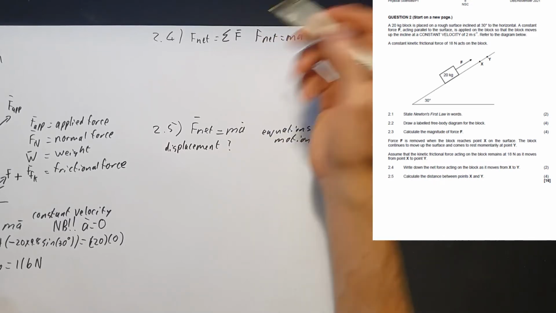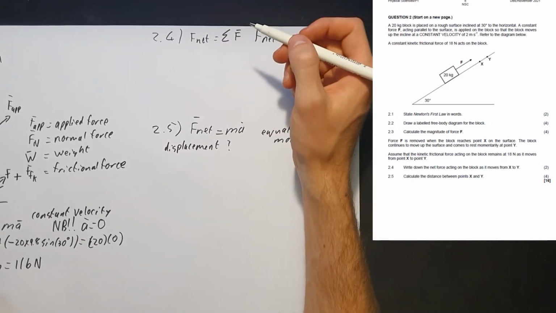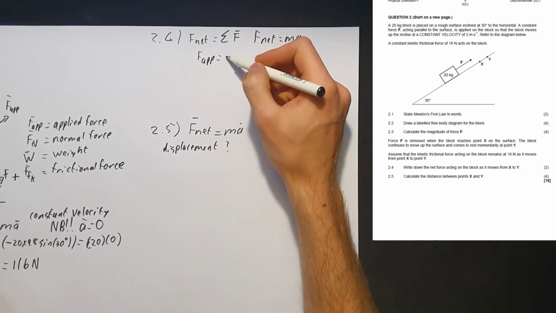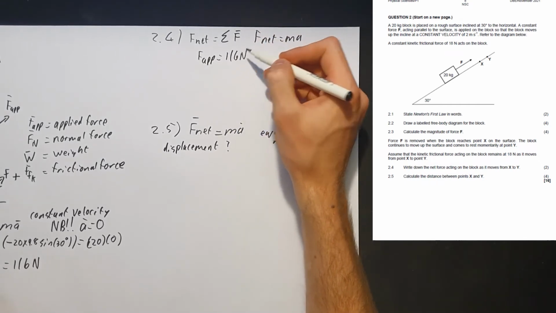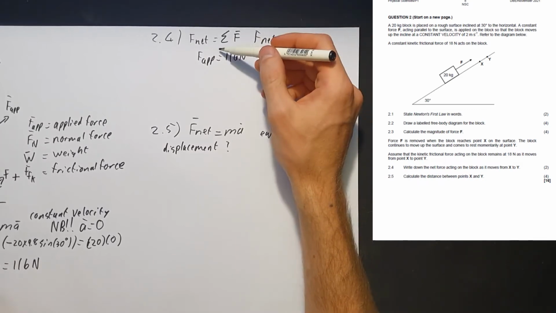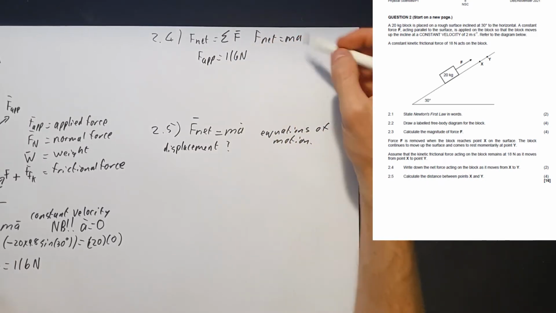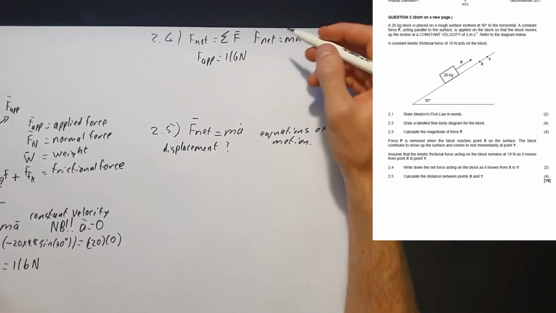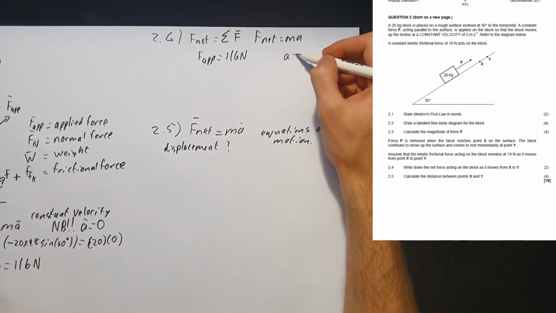Okay, so we saw that force applied equals 116 newtons. Now because it's moving up at a constant velocity, not constant acceleration, because v is constant, a equals 0.